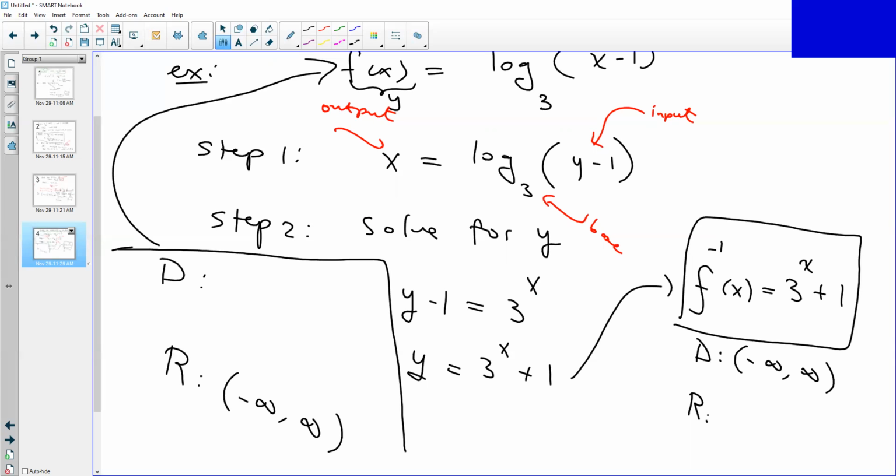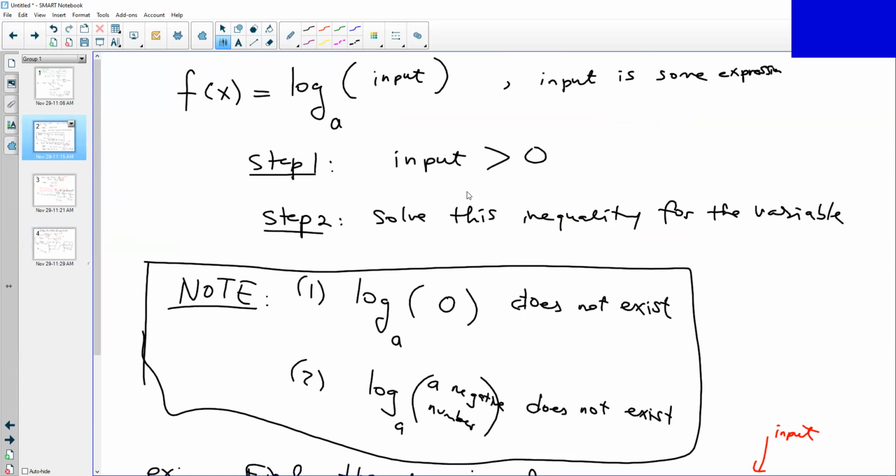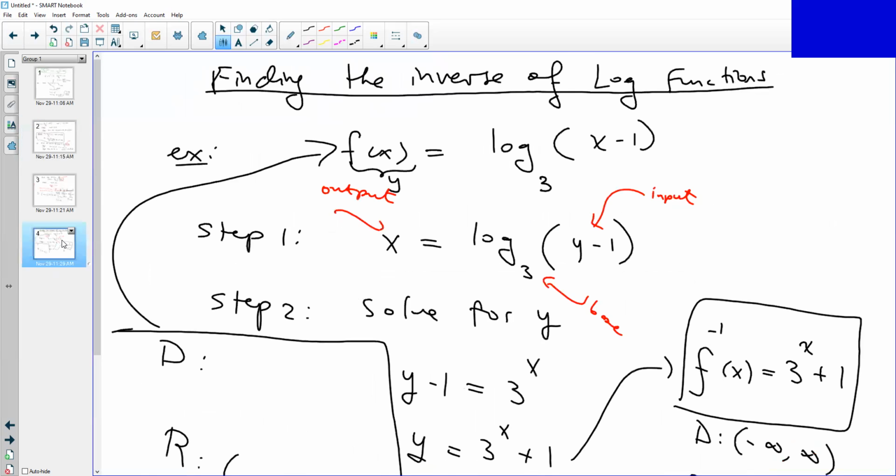So what's the domain of the log function? What was the rule? The rule is input bigger than 0.